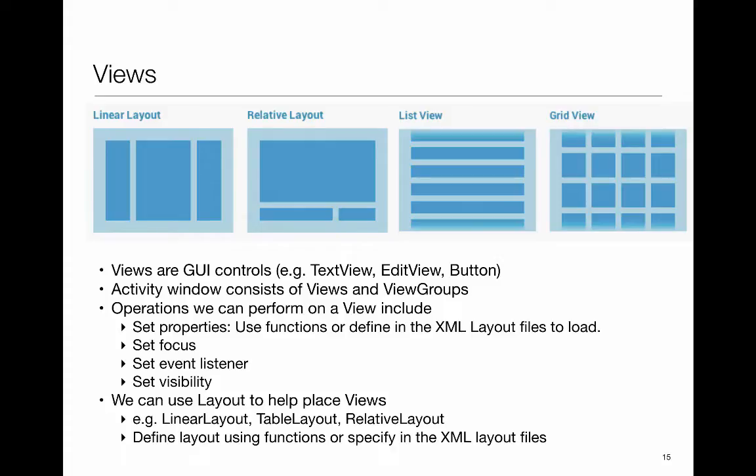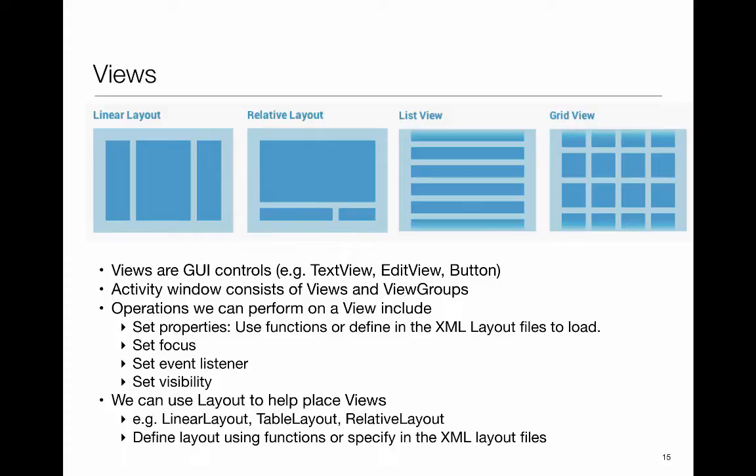Whenever some event happens, like you click a button on the UI or there's some information from the internet, all these things can be defined as an event in the app. So the event listener is a crucial part where you do things or interact with the user. And also you can set visibility and so on, all these operations on views.